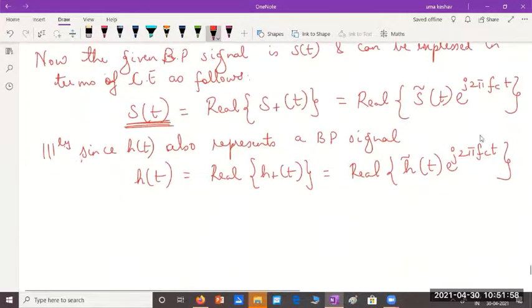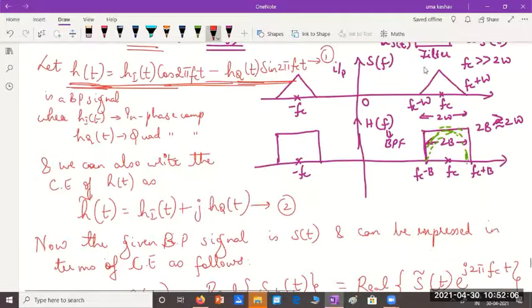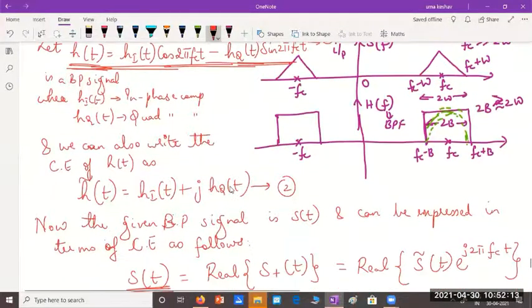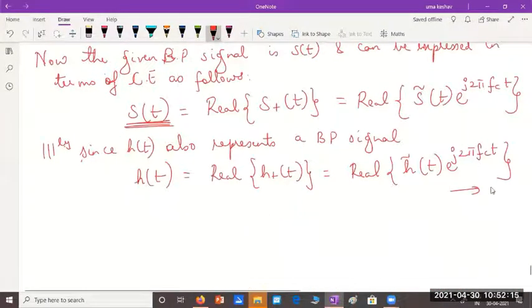The same format I'm following for the signal h of t also, because this is also a bandpass signal. We have shown h of f is a bandpass filter, means h of t is a bandpass signal. So what is the equation number? This is equation 3, equation 4.